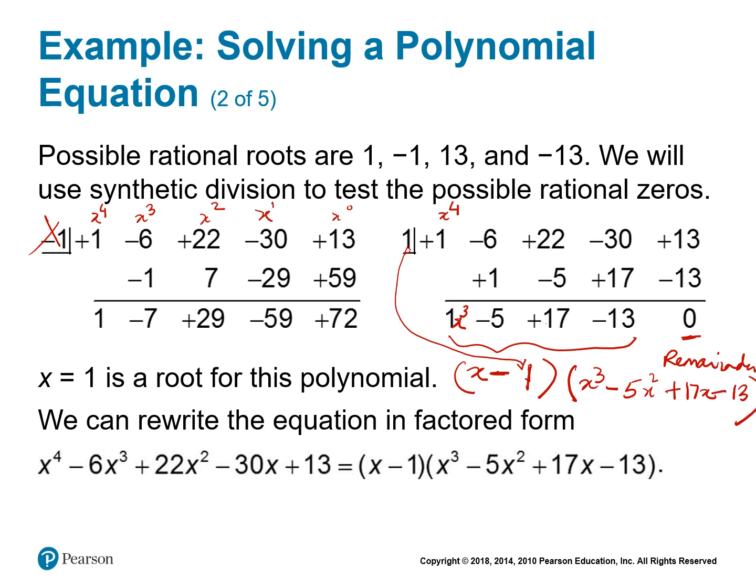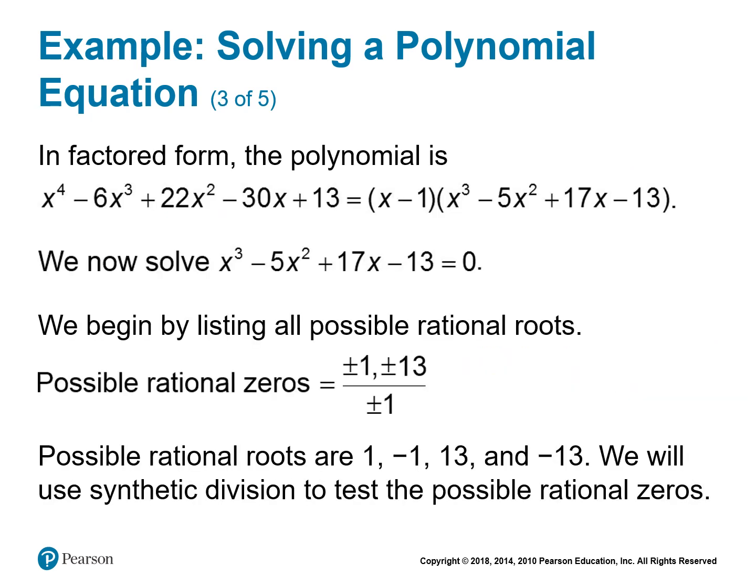All right, and that's exactly what they got here. All right, so we can rewrite the equation in factored form as x minus 1, and the other factor is obtained from the quotient that we got from the synthetic division, which gave a 0 for the remainder.